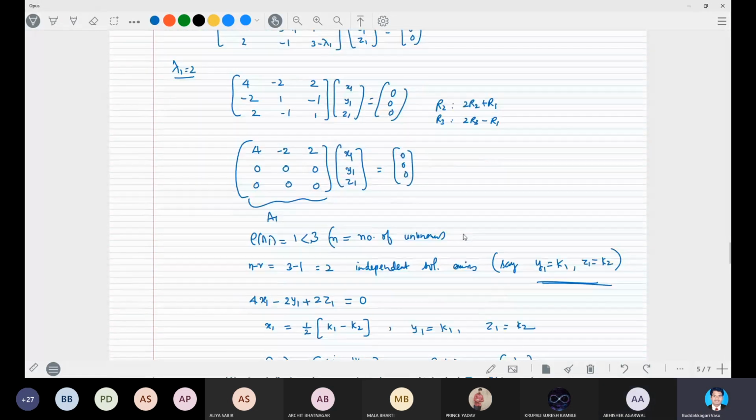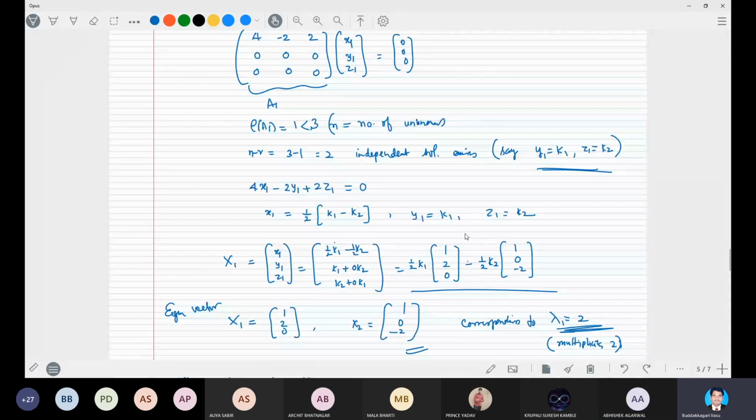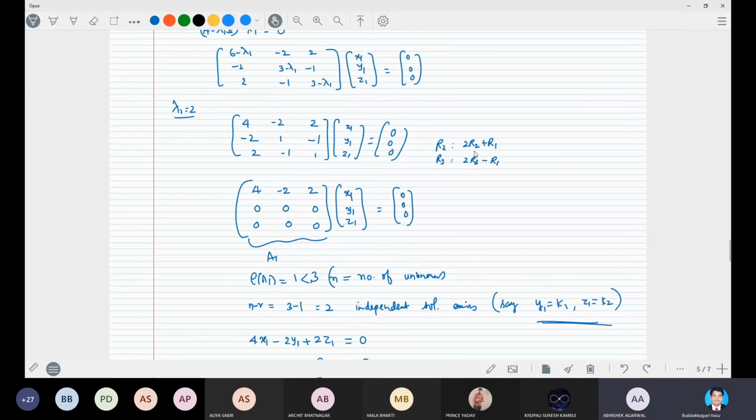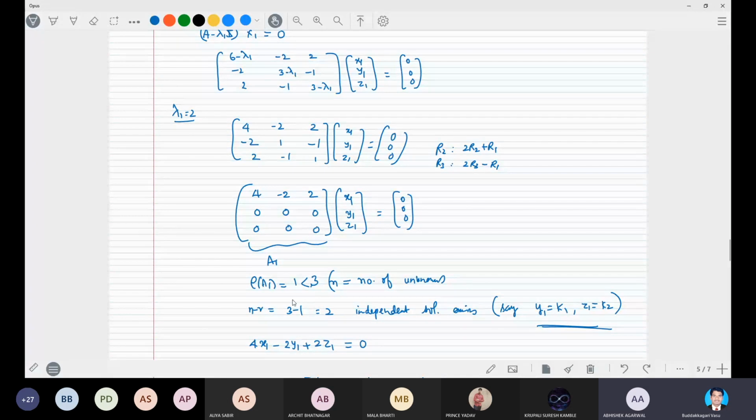You see? Where the rank of A is 1, you get it, I think so. Yes, sir. Right. So therefore the rank of the coefficient matrix is 1, which means there should be two independent solutions, right?